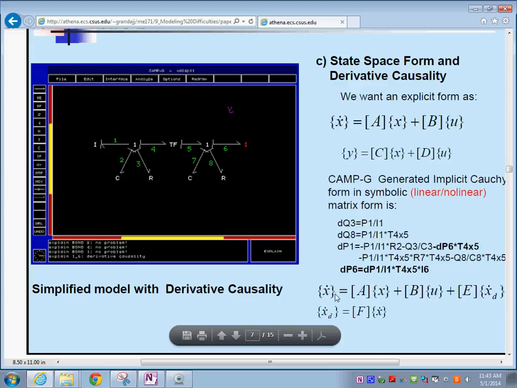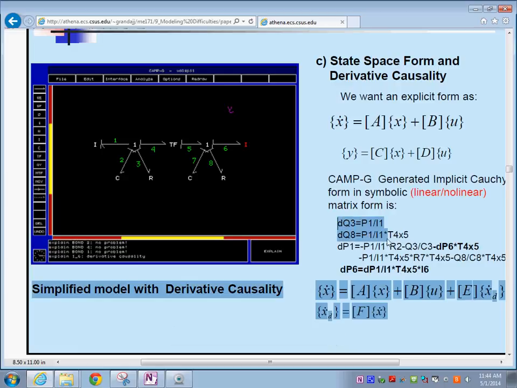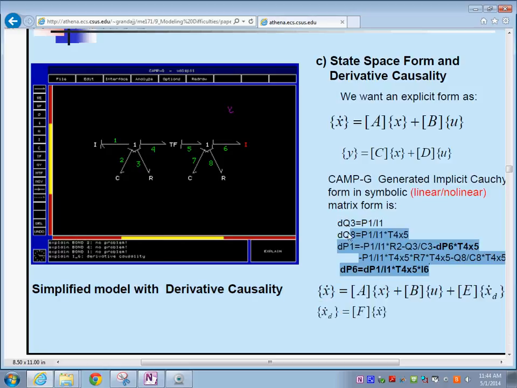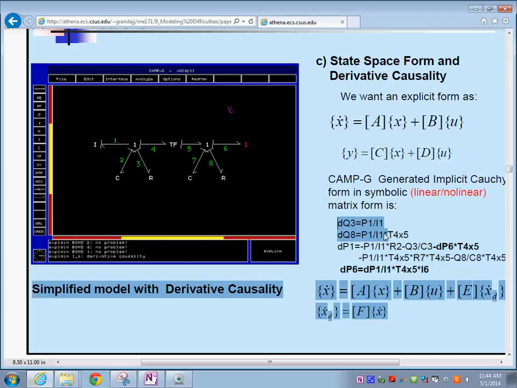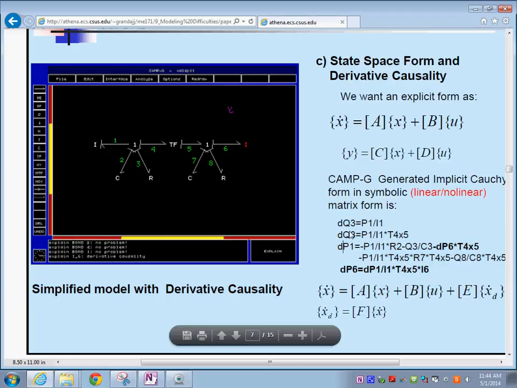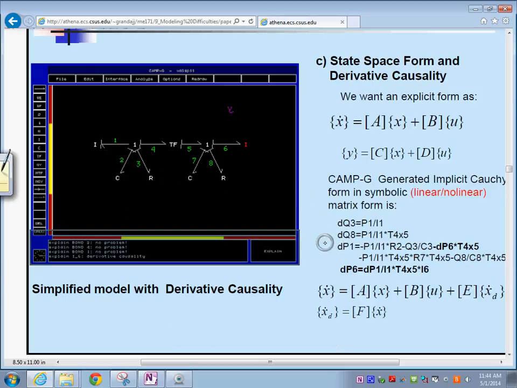The way we do this is to recognize that this system of equations that you have in here, this one here. I only wanted to highlight those three, but it's not allowing me to. Let me maybe I'll just use the pointer here. This three in here plus this form a new set of x dot equals Ax plus Bu, but it has this E matrix that multiplies the derivatives, you see?